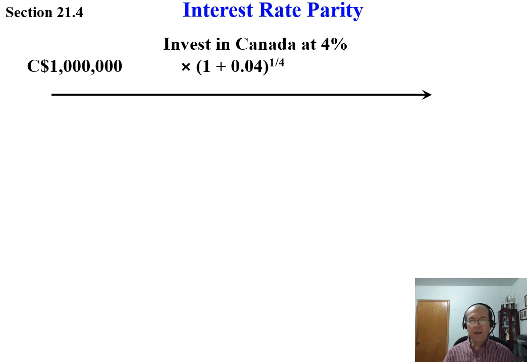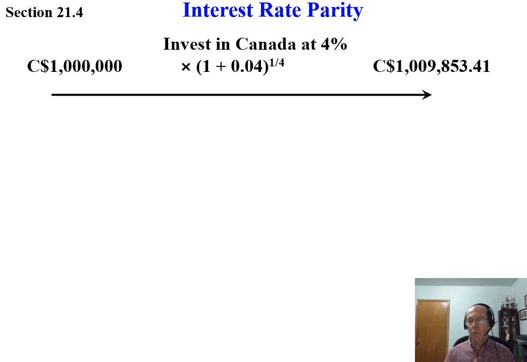So to find out how much money you will have in 90 days, if you invest at 4%, we have to multiply 1 million by 1 plus 0.04 to the power 1 over 4, because we invest not for the whole year, but for a quarter of year, just for 90 days. As a result, how much money will we have in Canadian dollars in 90 days?